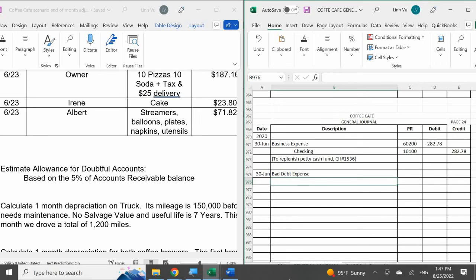So far, we know that Super A Market and Katie's Coffee Corner already paid off their balances in full, but we still have Great Restaurant and the corner bookstore that still have to make their payments. So it could be one of those two, right? It's just an estimated amount, whether we are wrong or right.